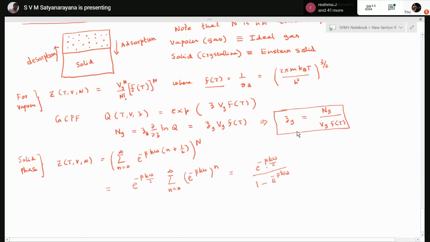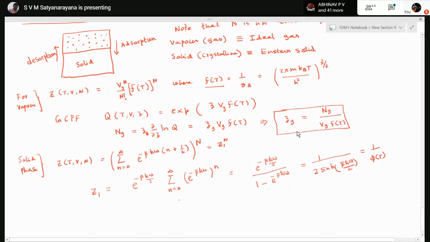Now I take it to the denominator, then I can write this as 1 by 2 sinh of beta h bar omega. This is a function of temperature. So what I have evaluated is simply Z1 for one oscillator, and the partition function is Z1 to the power N.